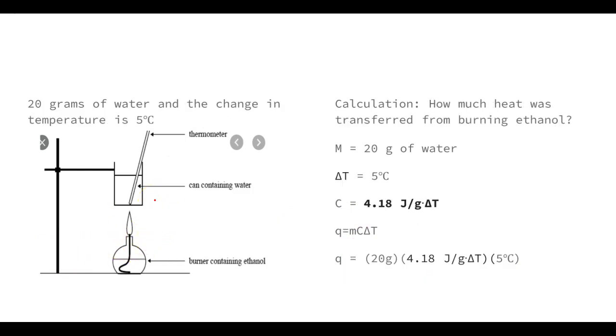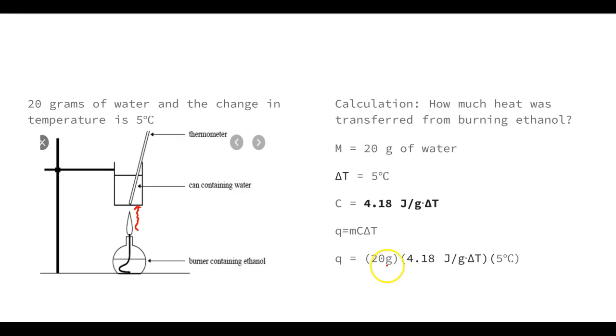Let's try one more example. In this next example, we still have 20 grams of water, but in this case, the temperature changed 5 degrees Celsius. So I want to know how much energy was transferred into this water to now change the temperature, not 2 degrees, but 5 degrees. Same situation, we're going to be using that Q equals MC delta T, in which case I plug in my numbers.